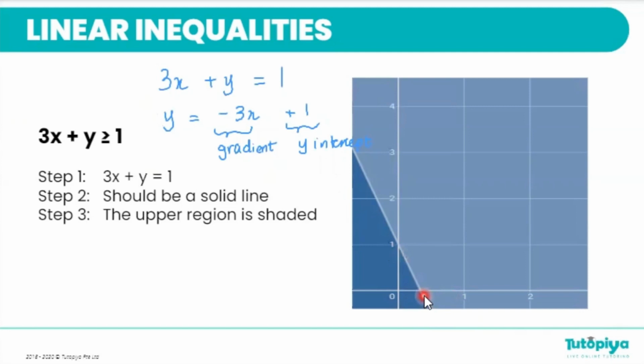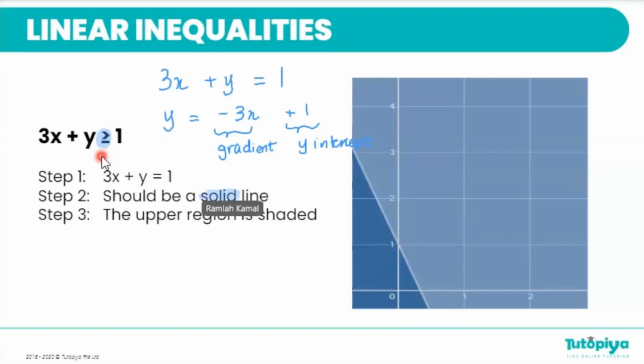Now, when you draw this line, it's really important to check if you're going to be using a solid line or a dashed line. And how we can tell that is by looking back at our inequality. In this question, the inequality showed us a greater than or equal to sign. Because of this, we're going to be using a solid line.